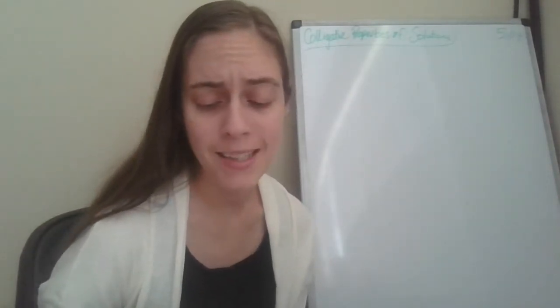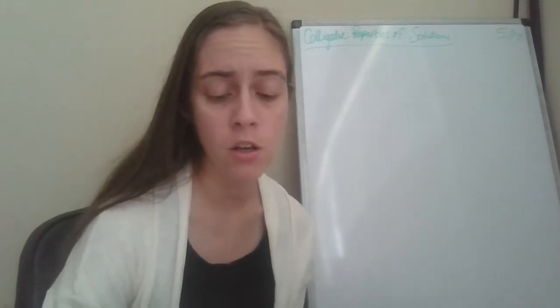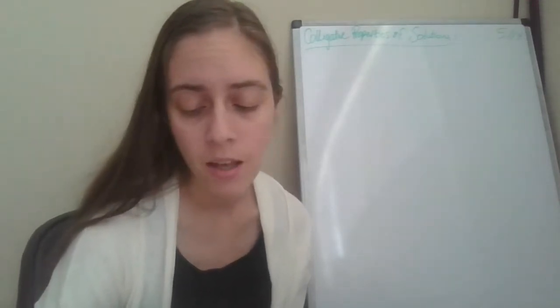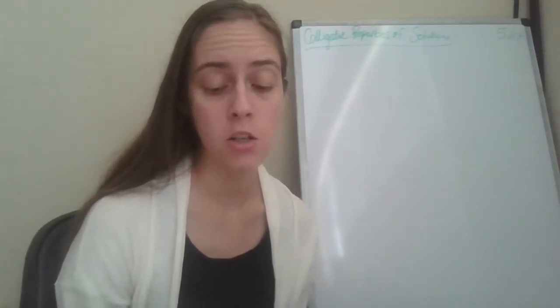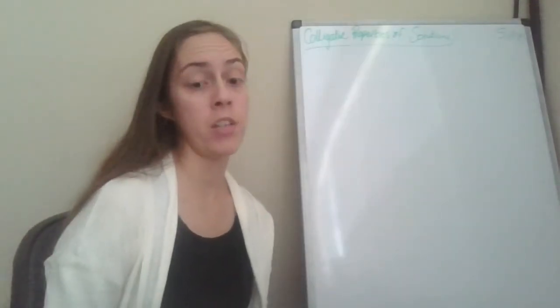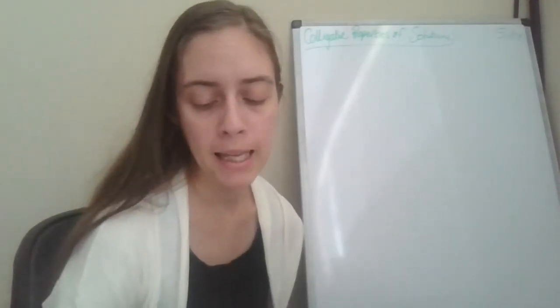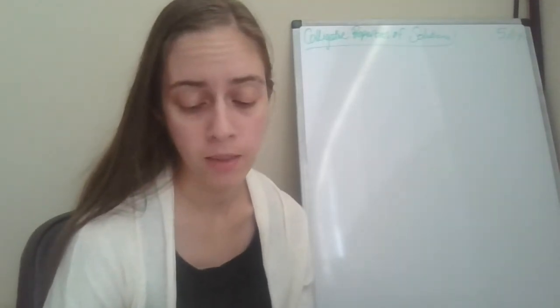So let's talk about non-electrolytes in aqueous solutions for a second. Many molecular compounds dissolve in solvents but do not ionize. Such solutions do not conduct an electric current, and these solutes are called non-electrolytes. Sucrose is an example of a non-electrolyte. A 1 molality sucrose solution contains only 1 mole of sucrose particles.